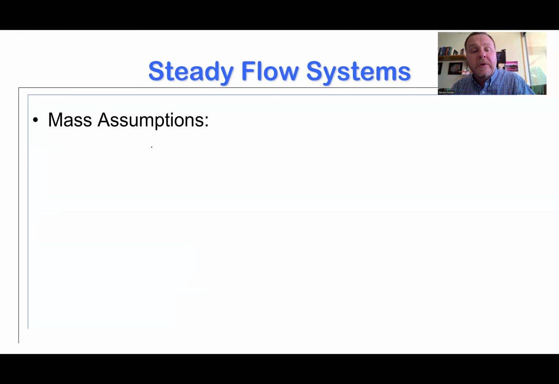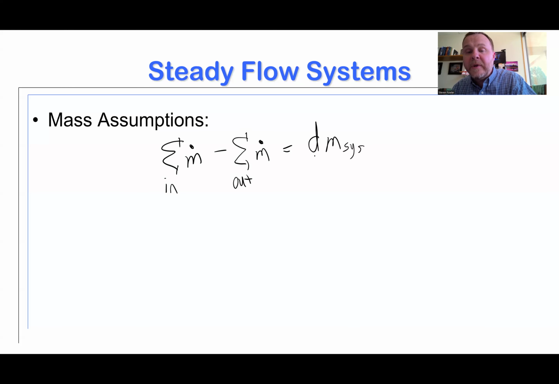So, if we look at the conservation of mass, for example, as we drew up earlier, we say if I add up across all of the inlets the rate at which mass is coming into the system, and I subtract all of the mass flow going out, that's going to equal the change in the mass for my system with respect to time.